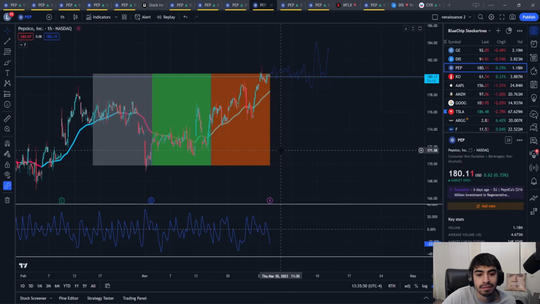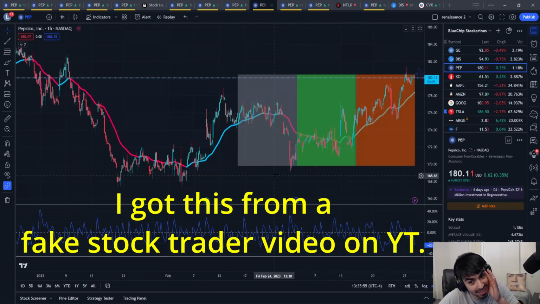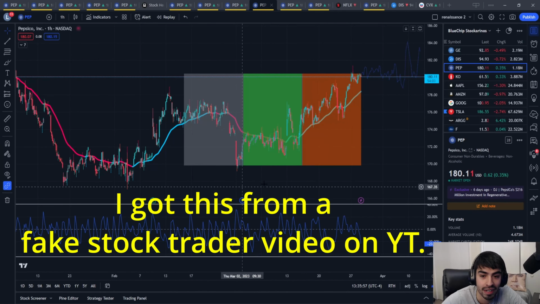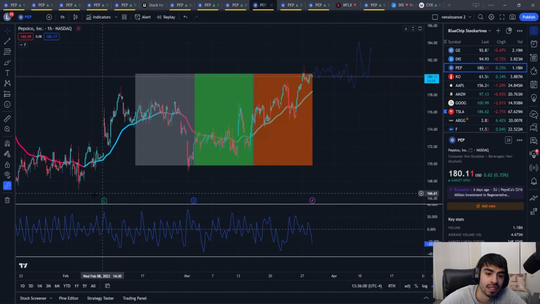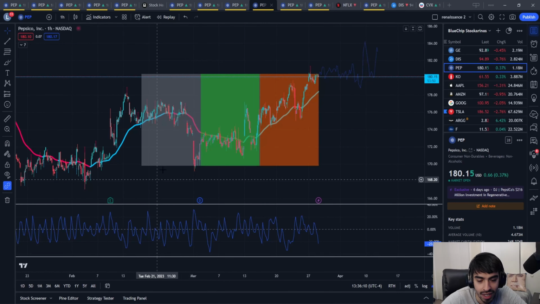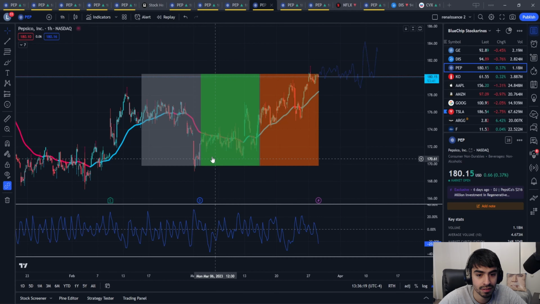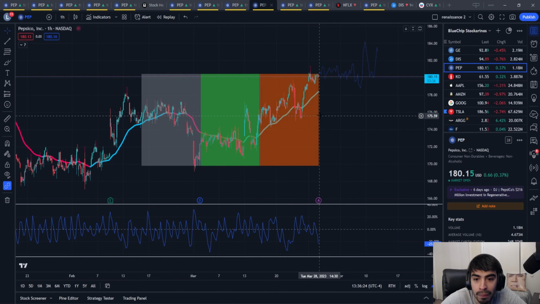So I also have this. A little cringe that I still have. I'm a little embarrassed actually that I showed this, because I never use it and it's not great. This is an average price line right here, and it's blue if the price is above it and pink if it's below it. Then the green square is copying what's happening in this green square and projecting it right here.